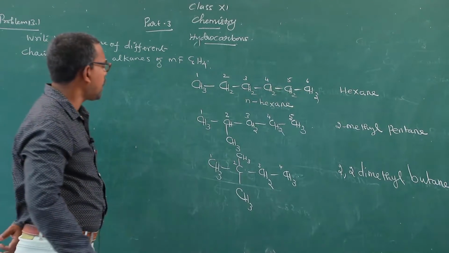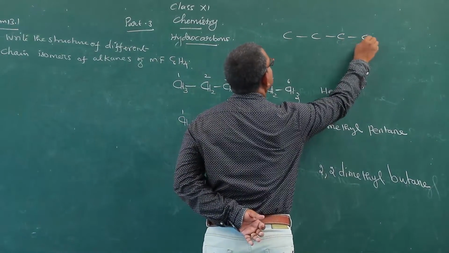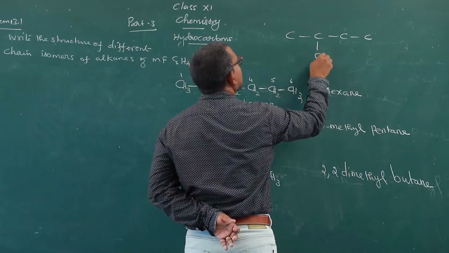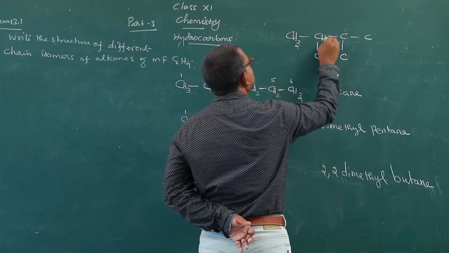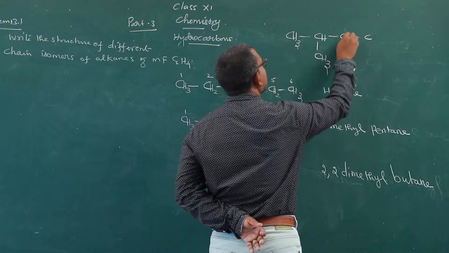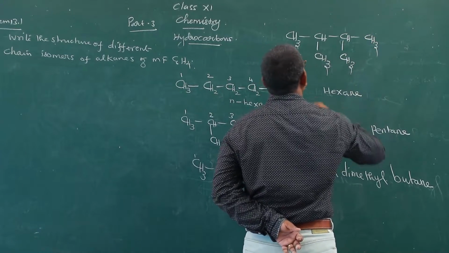And one more compound is also possible. The straight chain consists of 4 carbon atoms, with one methyl group here and one methyl group here. CH3, CH, CH3, CH, CH3, CH3.